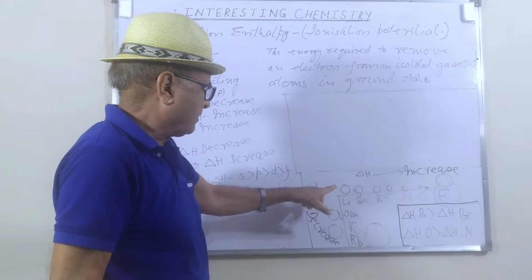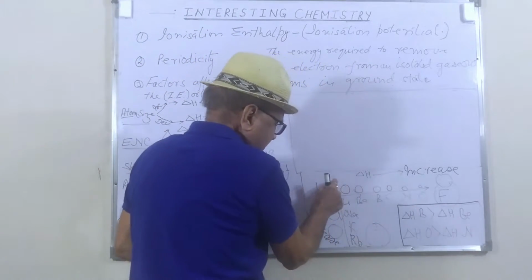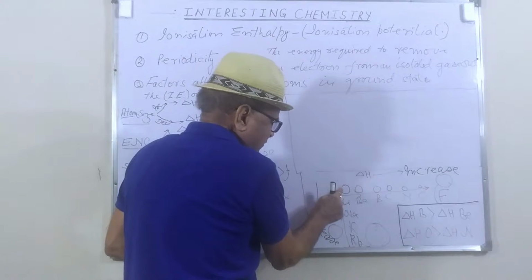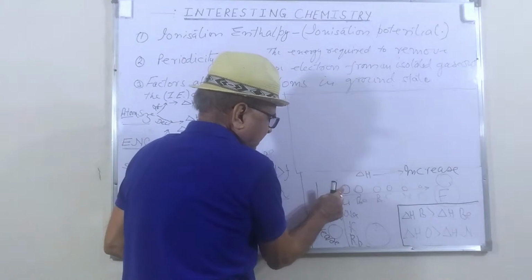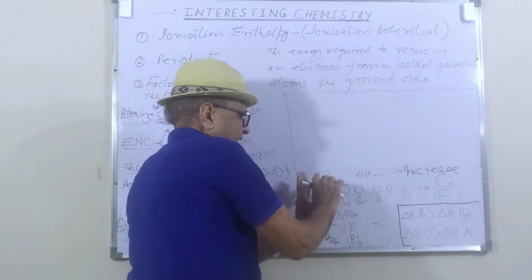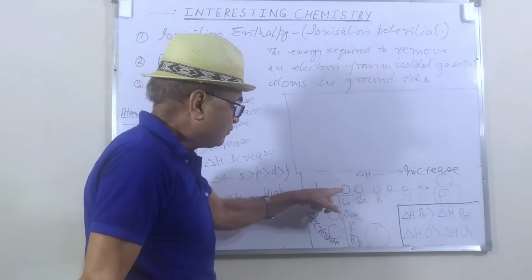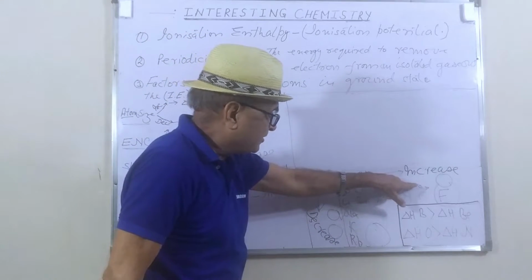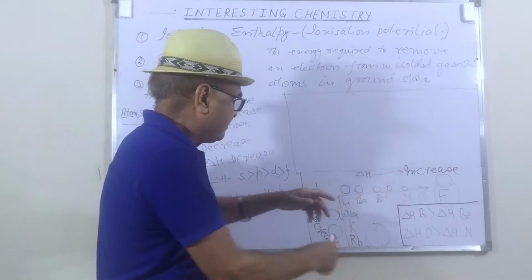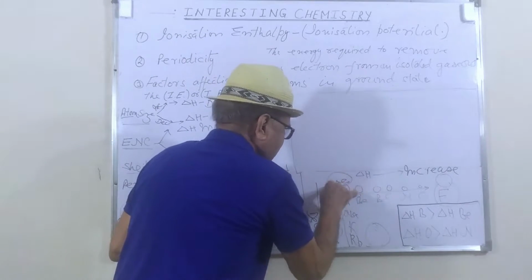When we go across a period, this one is a period, this is size. The size of the atom of the elements will decrease when you go from left to right. So when the atom size is decreasing, this is size.